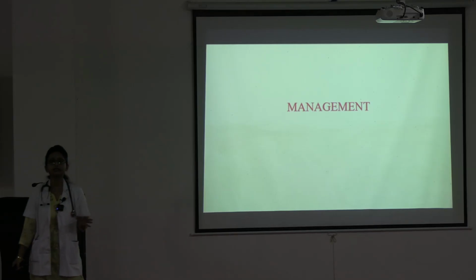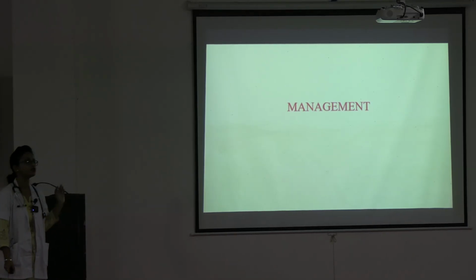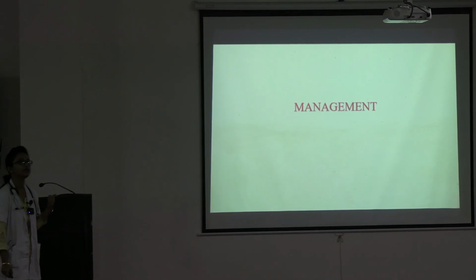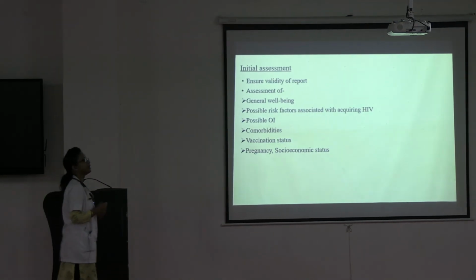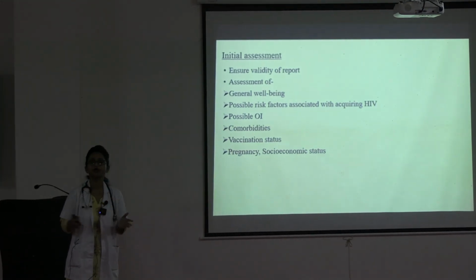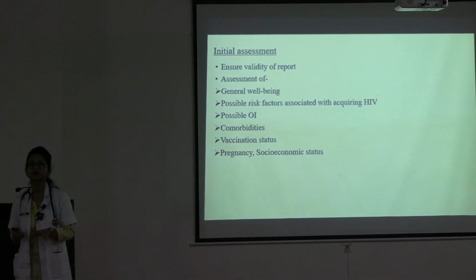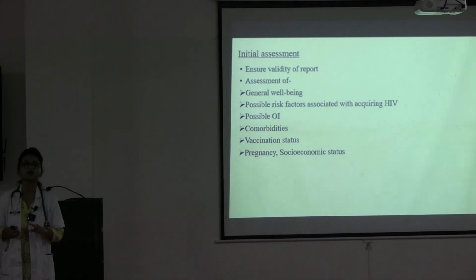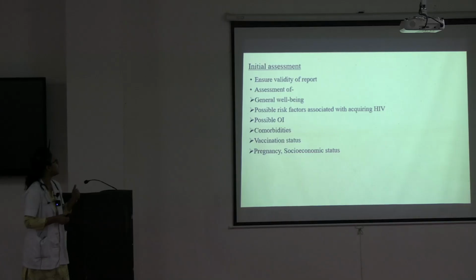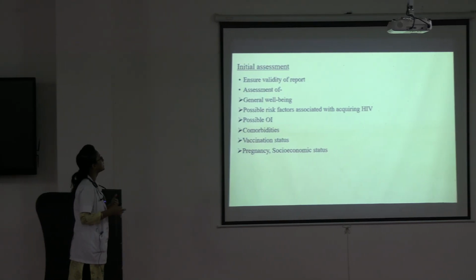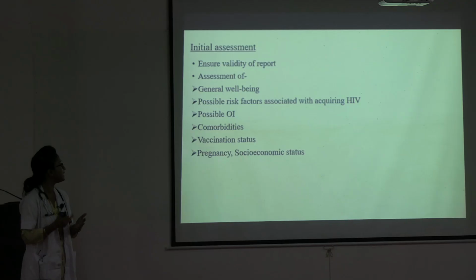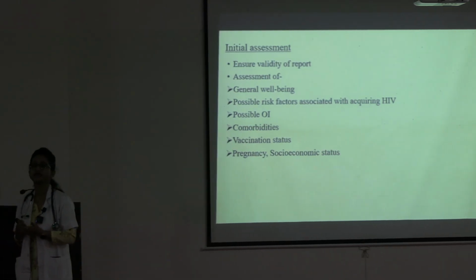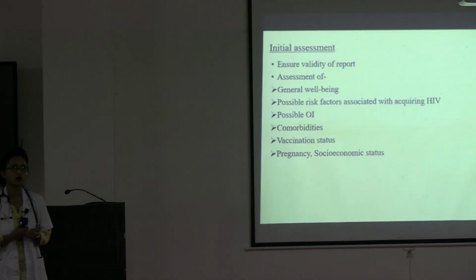Now after completing the clinical spectrum, I am moving towards the management part. Management includes positive cases. Okay. After that, we have to take a proper history and do the general physical examination as well as the systemic examination. Okay. Next, we have to find out the possible risk factors associated with acquiring HIV, like whether the patient is having TB or syphilis. Okay.